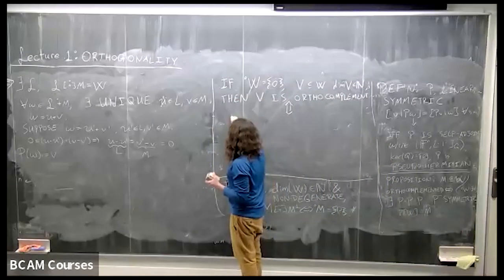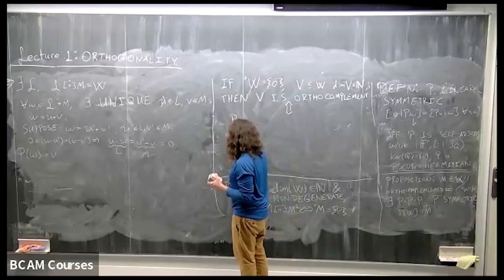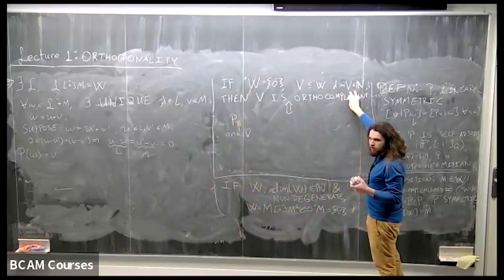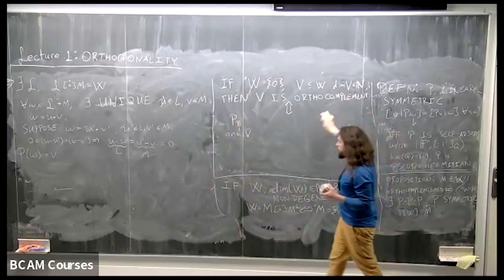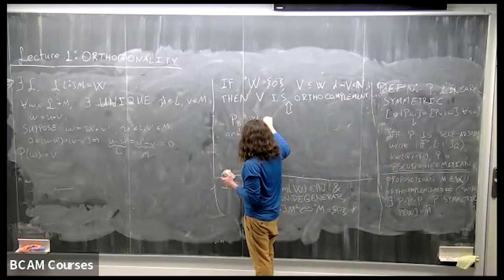So I'm going to define P_B. B will be an orthonormal basis of V, which we know exists because V is finite dimensional. So because I have the orthonormal basis, that means I can define a projector on W that goes to V as follows.